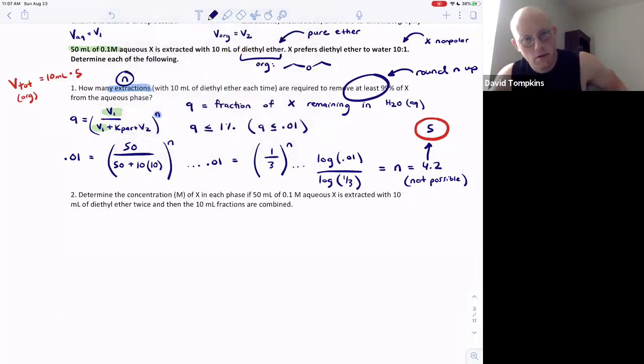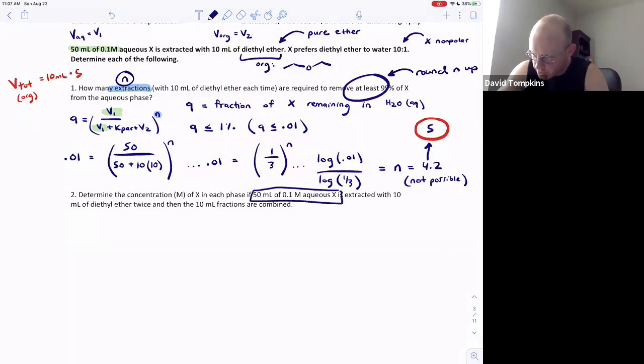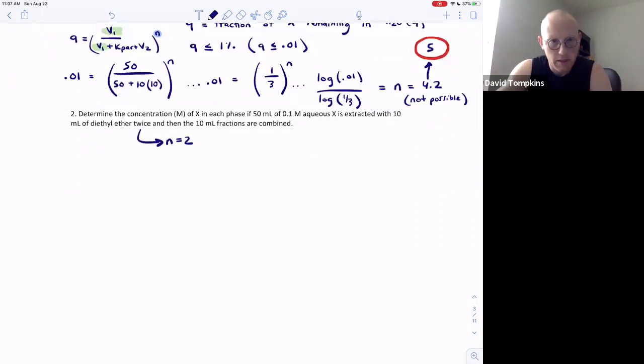So the next problem, we're determining the concentration of X in each phase after that same 50 mil, 0.1 molar aqueous solution is extracted with 10 mils of ether twice. So we do 2 extractions, or n equals 2. To find the molarity in each phase, we need first to find the volume in each phase.